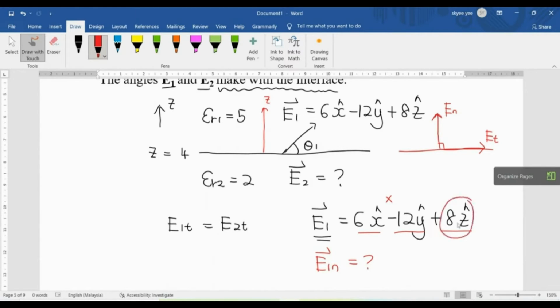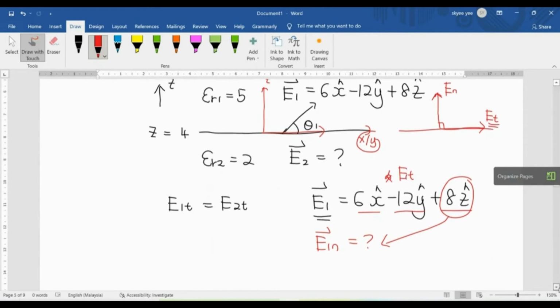So this will be your E normal component, because it is in this direction, the Z direction. While the 6x minus 12y are in these directions, this is Z, so this will be x and y. This will be the tangential component, E1t.